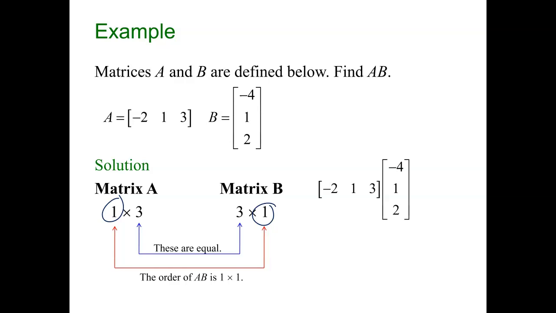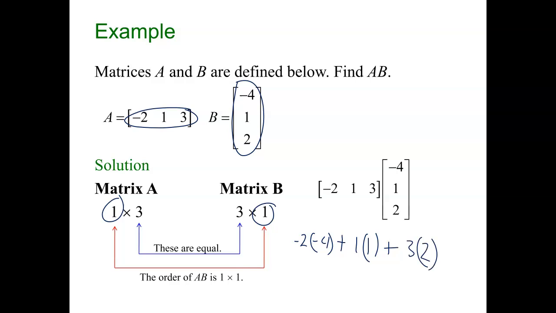All right? So I need to take the first row and multiply it by the first column. So what's the first element of the first row? -2 times -4. And I'm still going in the same column. So now I do the second element times the second element. 1 times 1. And I'm still in the same column. So I do the third element by the third element. 2.